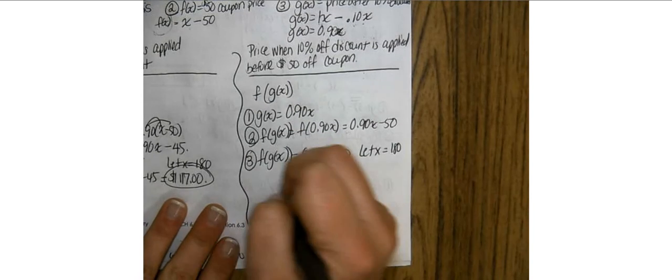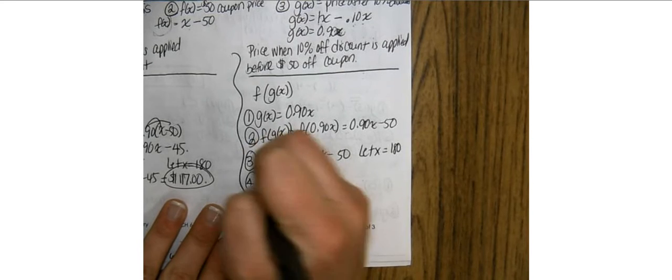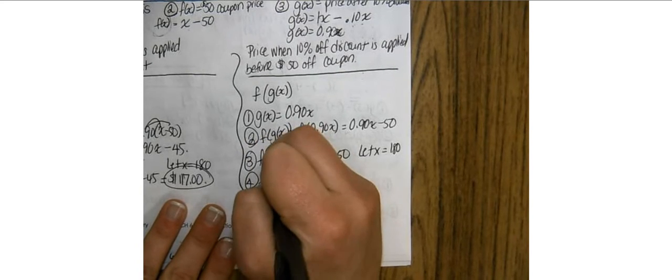So now I'm going to let x equal 180 because that's how much the water skis are. So I'm going to write f of g of 180, that is equal to 0.90 times 180 minus 50, and that is equal to $112.